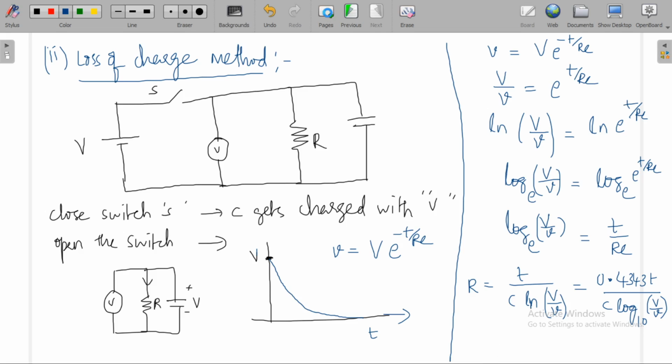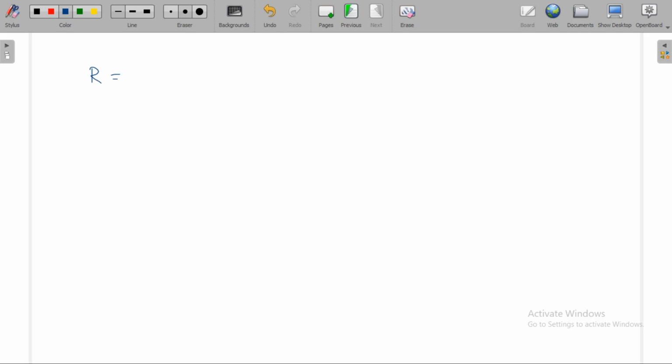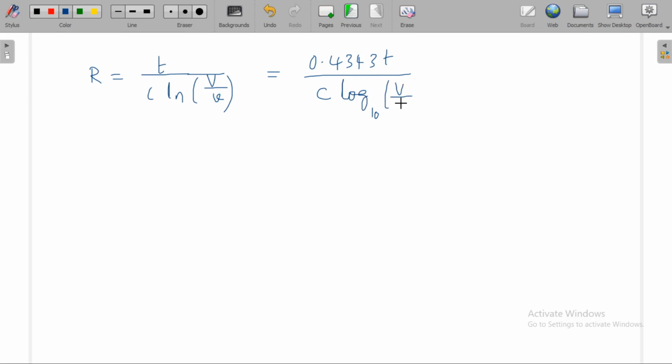So the resistance to be measured is equal to t by C into ln of capital V by small v, which is equal to 0.4343 t by C log base 10 of capital V by small v.